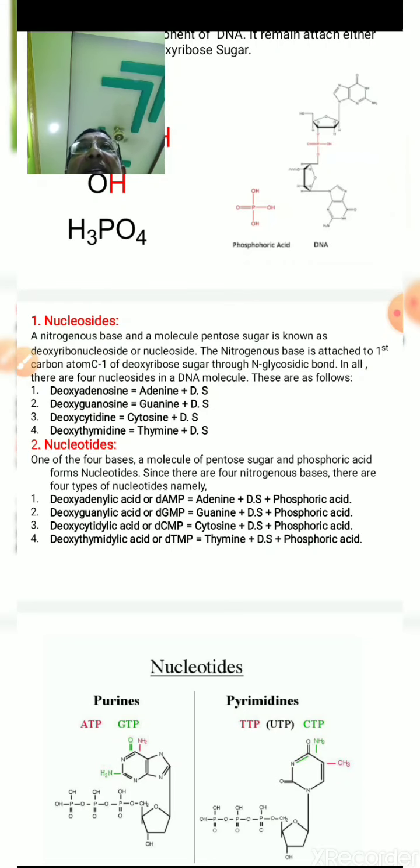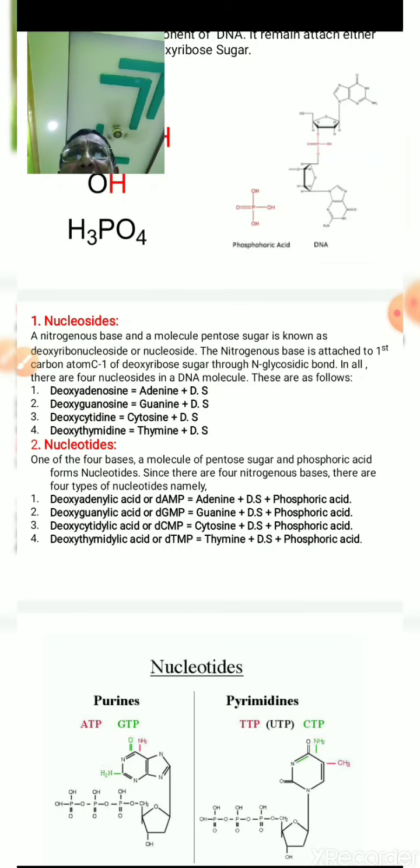Now, what are nucleotides? A nitrogenous base, a molecule of the pentose sugar and phosphoric acid together form a nucleotide. A nucleoside is a nitrogenous base attached to deoxyribose sugar, whereas in a nucleotide the nitrogenous base is attached to deoxyribose sugar as well as phosphoric acid.